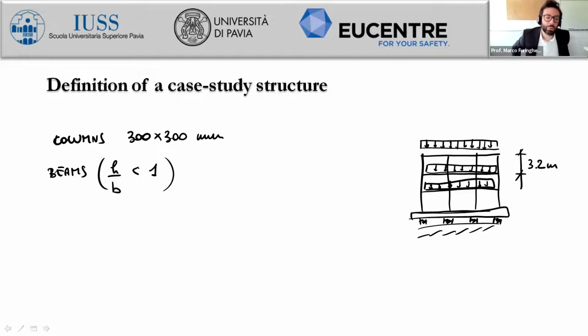So the height is lower than the width, and we can consider 400 millimeters times the thickness of the flooring system, which could be 250 millimeters. According to these sizes, we can come up with the masses and the external loads.